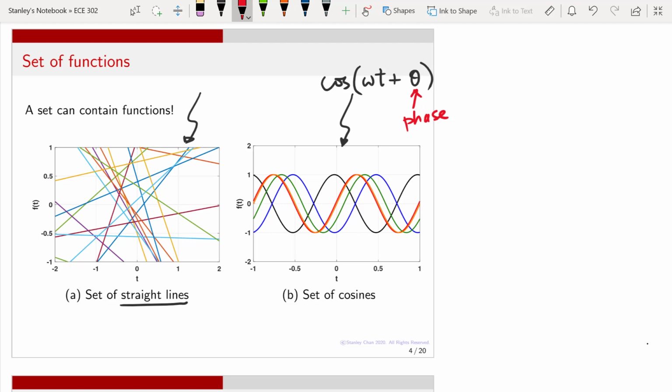If you're curious what this is, the left-hand side, this set of all the straight lines, is a set of all the functions of the form ax plus b, where I am just choosing a different a and different b, then I will be able to get a different set of lines. And therefore, this is a set of all the straight lines, and here is the set of all the cosine functions. And you can see that a set can contain not just numbers, but a set can also contain functions.